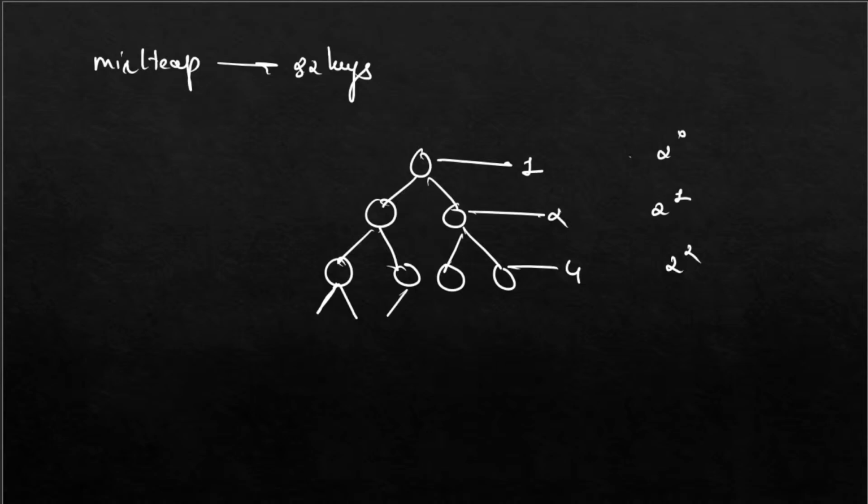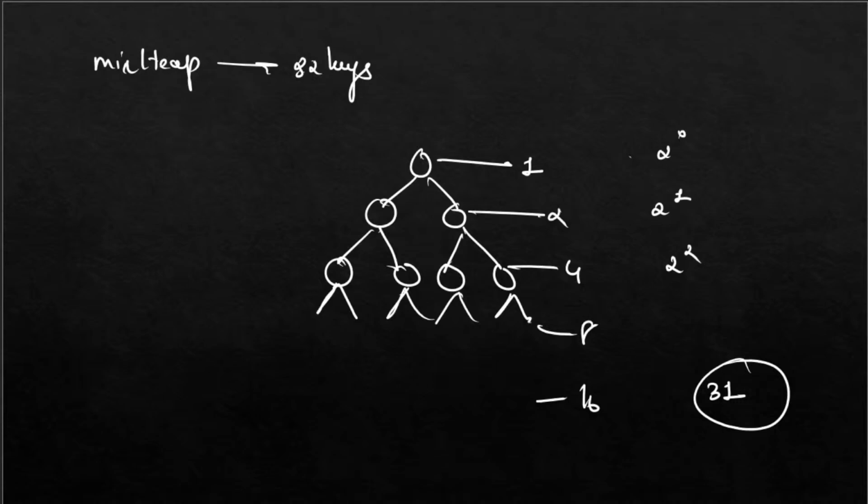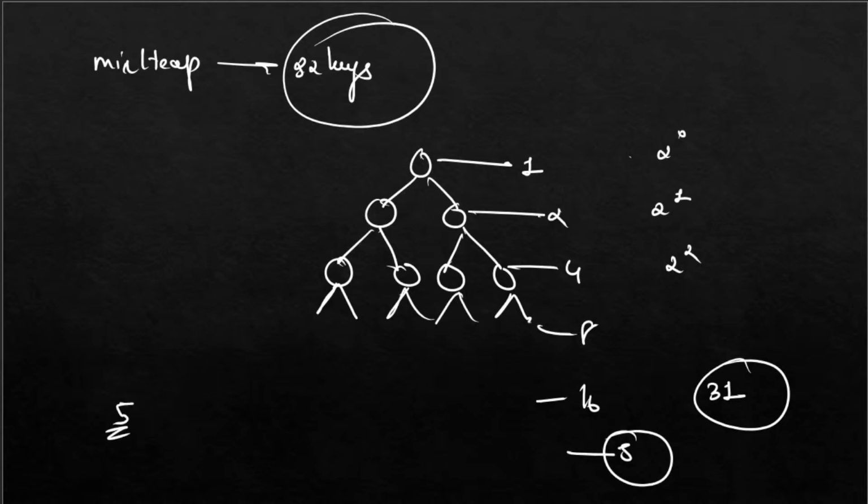After that further it is more extended, it will be 8, here it will be 16. Okay, so up till 31, the keys will be there, and the fifth level we will require for 32 keys. So what is the answer? 5 is the answer. Like that, I guess the question was there, right?